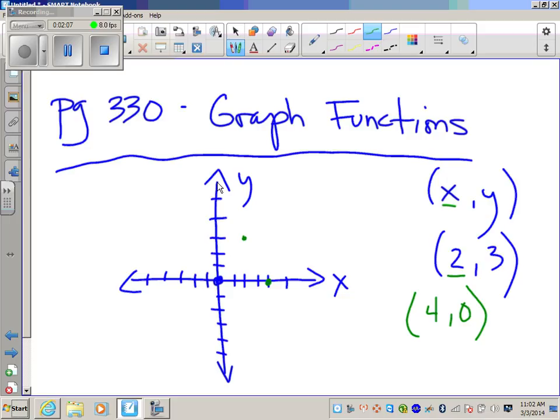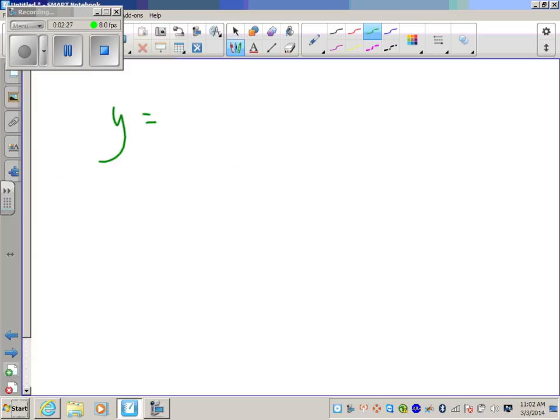Now today, what we'll be doing is taking a look at functions, and we'll be taking a look at a function table and then graphing. So let's take a look at an example here, like y is equal to x plus 3.